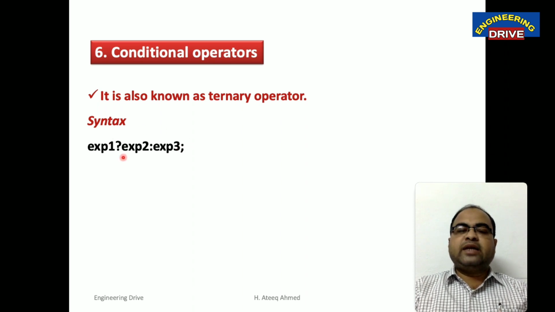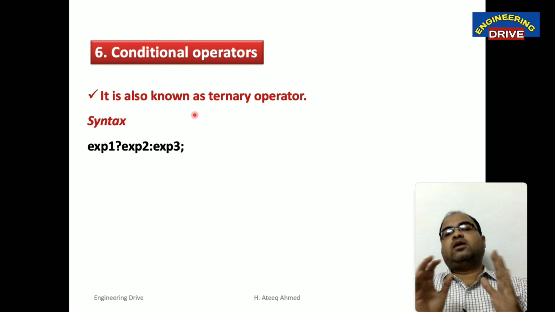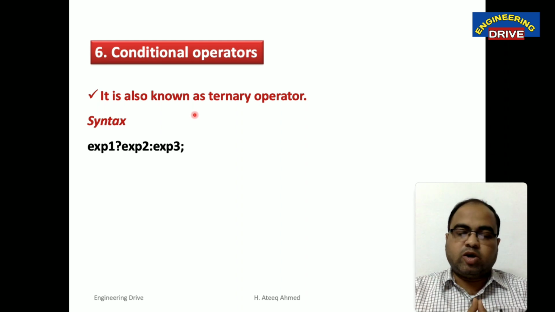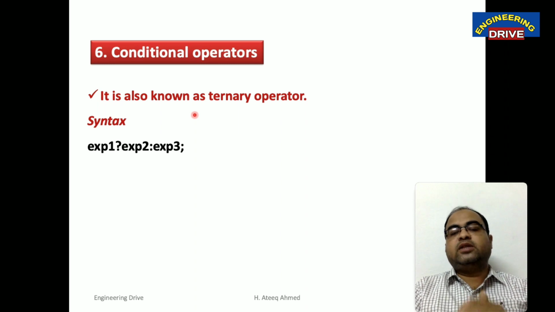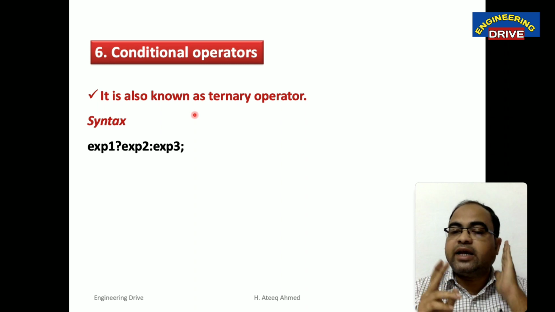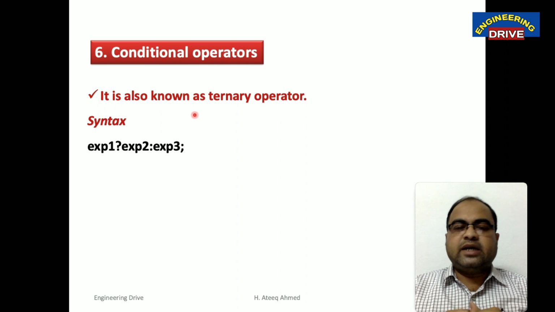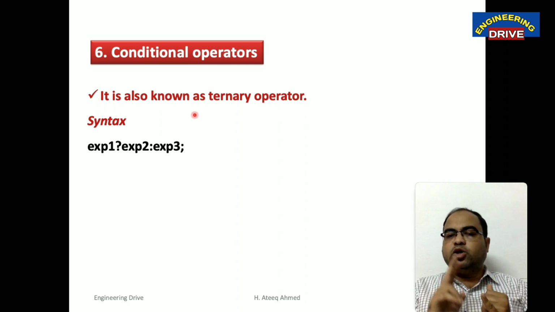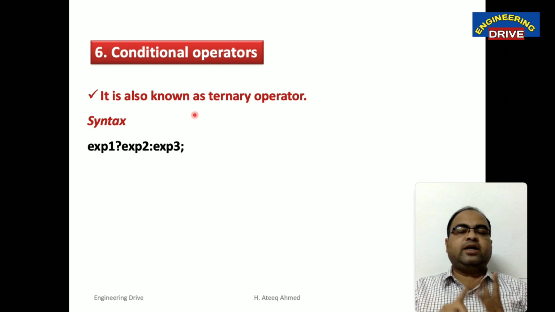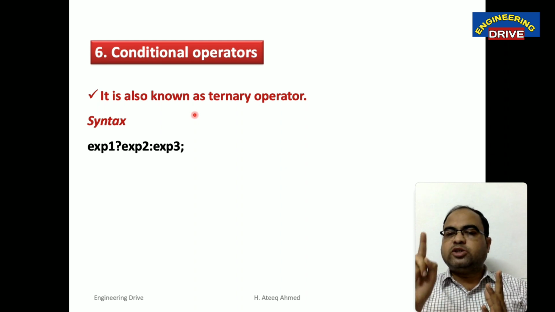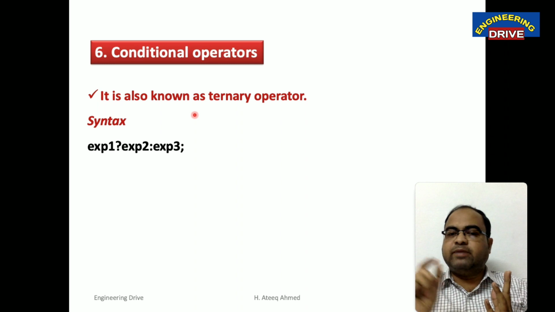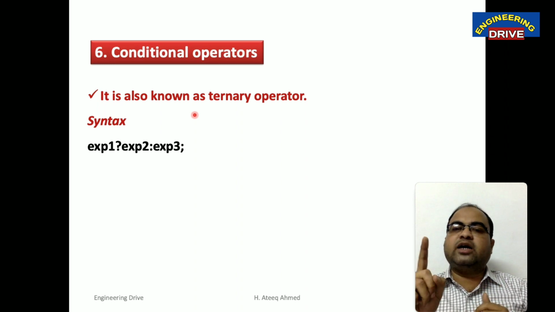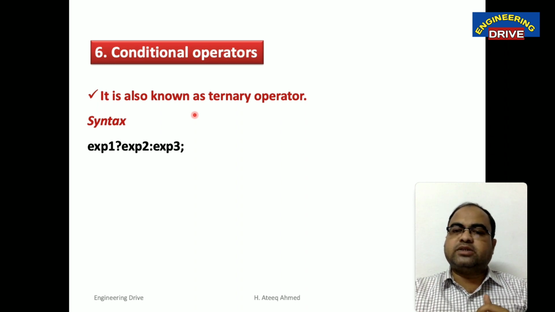The name ternary is given because this operator works on 3 operands. How many operands? 3 operands. That's why the name is given ternary. Generally operators are classified into 3 categories: unary, binary and ternary. A unary operator operates on a single variable, like plus plus and minus minus, x plus plus, y plus plus alone.